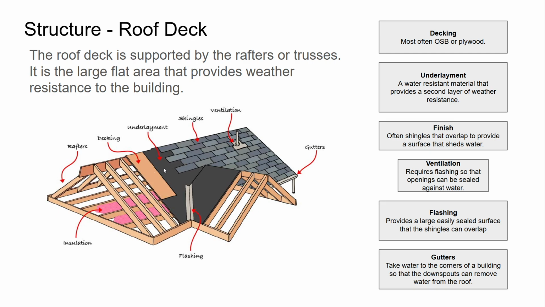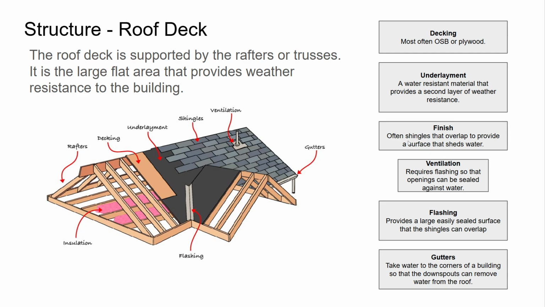And then there's some sort of underlayment. The underlayment is actually the water resistant part. And yes, the shingles can be water resistant, but they're there for toughness and durability. It's this underlayment, which is like tar paper or plastic or bituminous paint, something like that. And then you lay down some flashing, so that when you put your shingles on, they overlap to something that drains off. So wherever there's a joint, there's flashing.